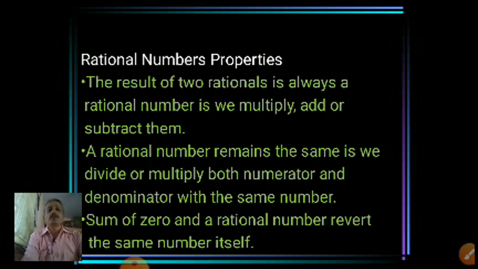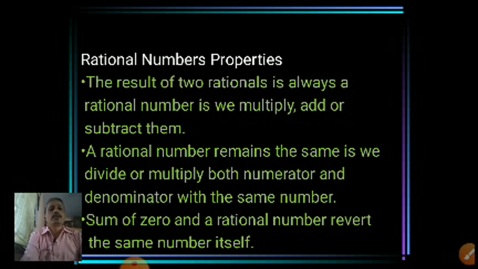Let's see some more things regarding properties of rational numbers. The result of two rational numbers is always a rational number if we multiply, add or subtract them. A rational number remains the same if we divide or multiply both numerator and denominator by the same number, like we say equivalent fractions.